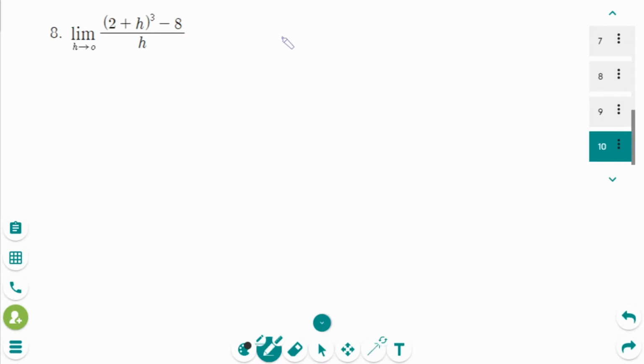This is the next question. As h approaches 0, it makes the 0 over 0 form. The numerator can be factored to create a common factor with the denominator. I will expand first. Do you remember Pascal's triangle? So it's 1, 1, 1, 1, 2, 1, and when adding, 1, 3, 3, 1.